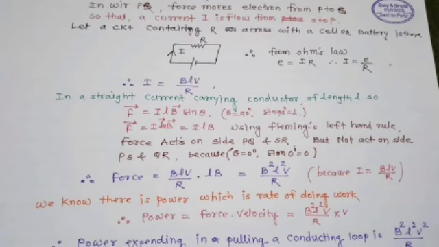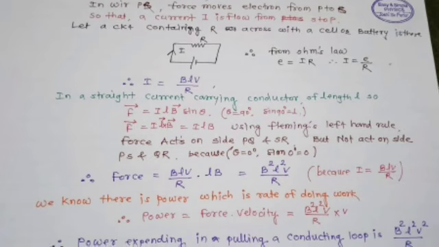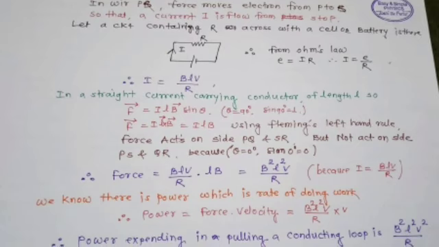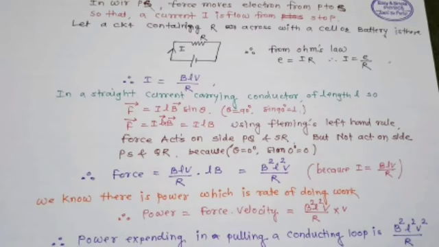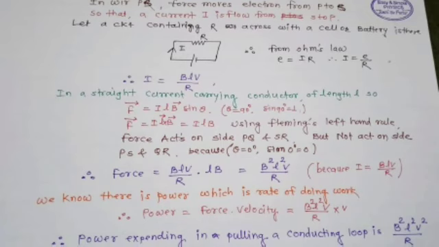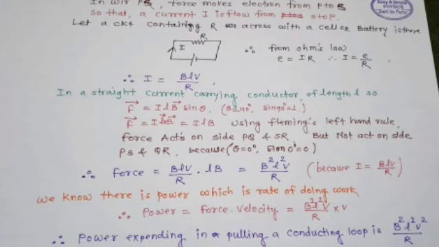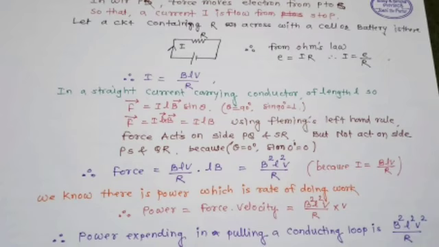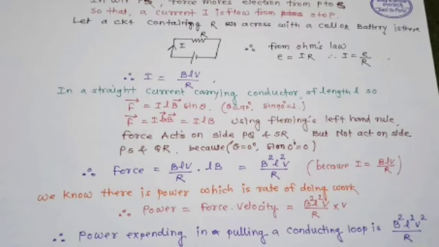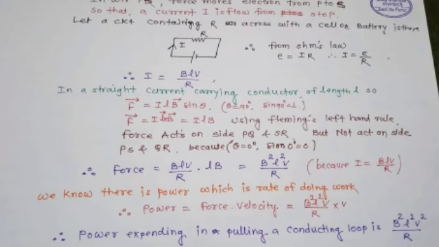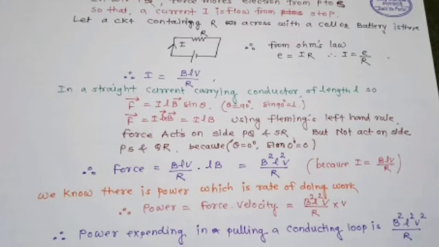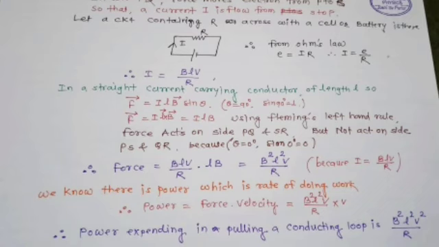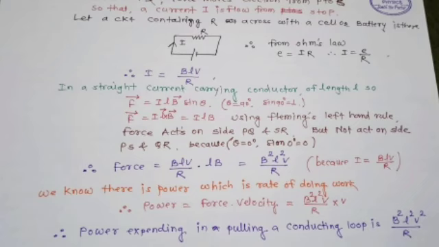Using Fleming's left hand rule, force acts on sides PQ and SR, but force does not act on sides PS and QR, because theta will be 0 degrees and so sin 0 degrees will be 0. Therefore, force is equal to BLV upon R into LB. So it is B square L square V upon R, because I equals BLV upon R.